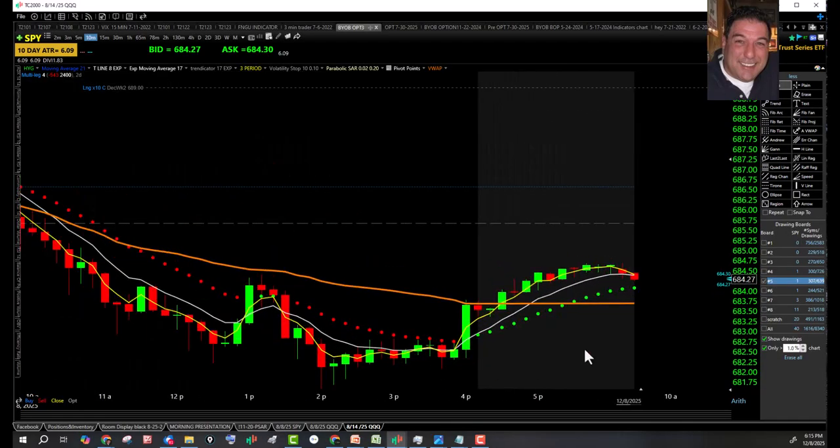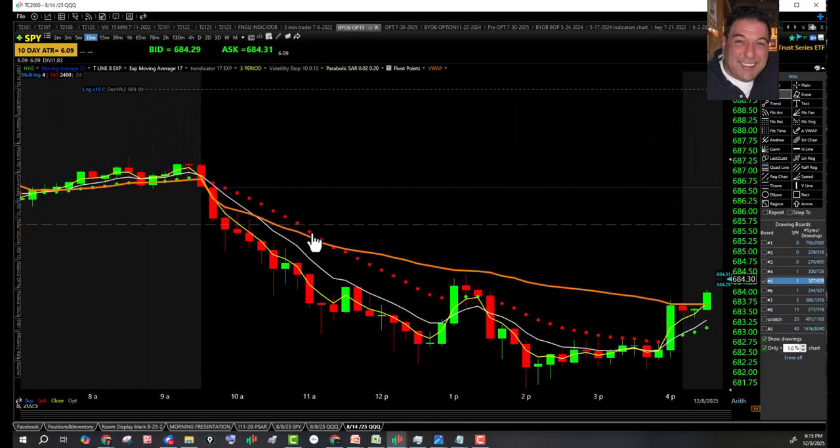Now, remember I was telling you earlier that the average is not exact, and I'll kind of prove it to you right now. This is a 10-minute chart. If we take the third candle and put the crosshairs on it, up here you're going to see a data box, and in that data box it's going to tell us where VWAP is.